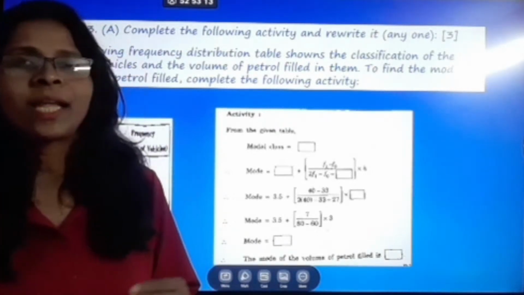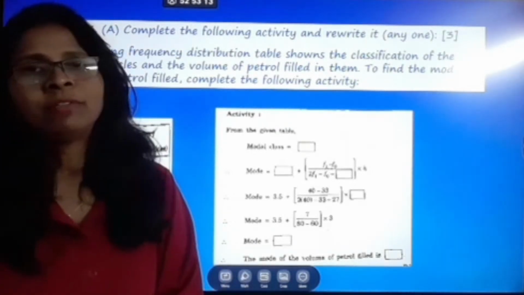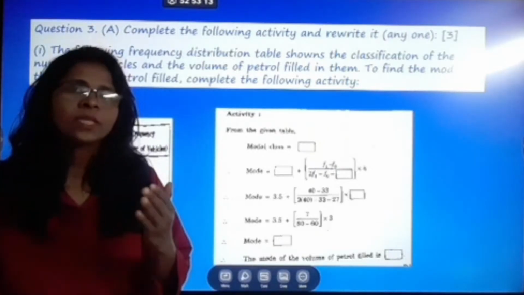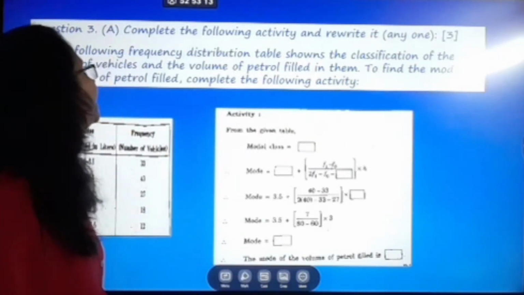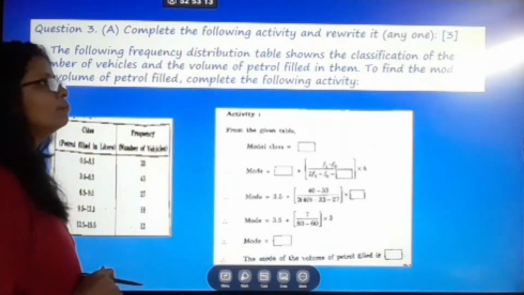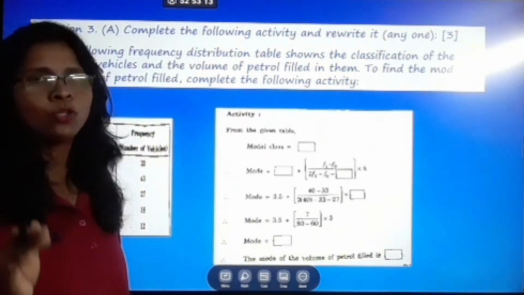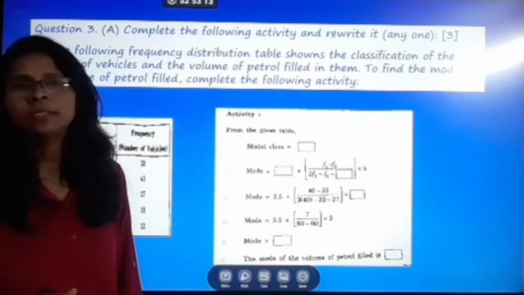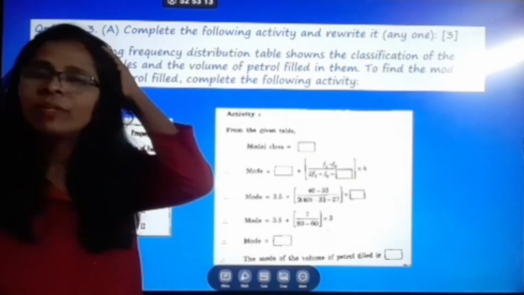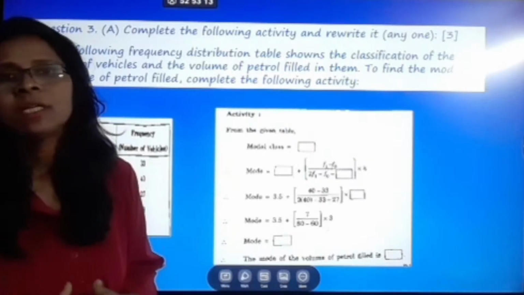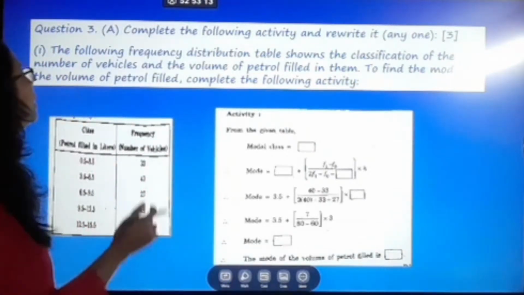Okay, so now come forward towards question 3. In question 3a, we have to write any one. This is also an activity based question, and we have to solve one question, which is for 3 marks.